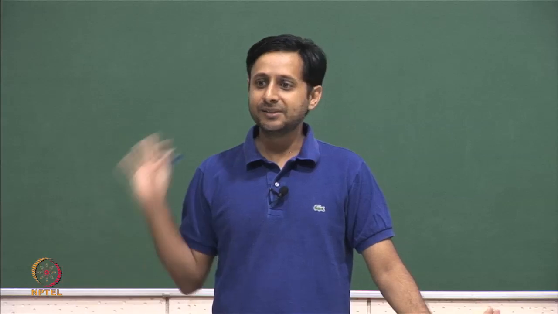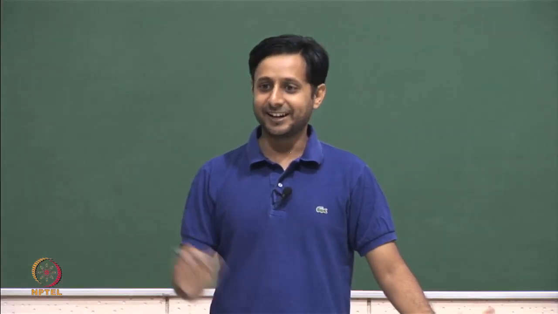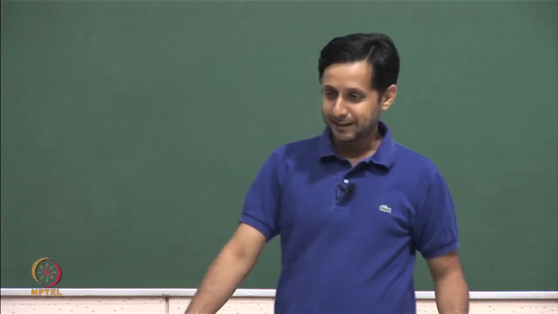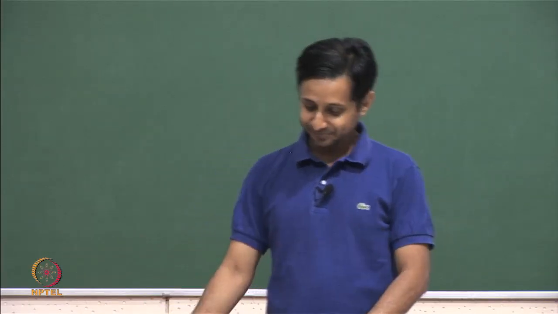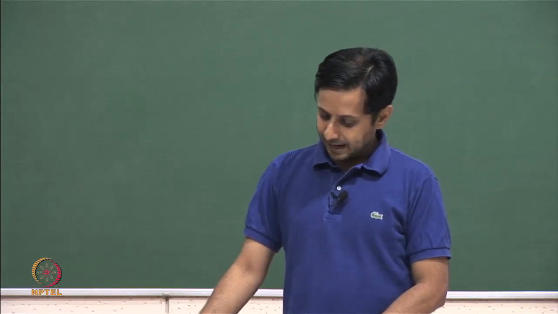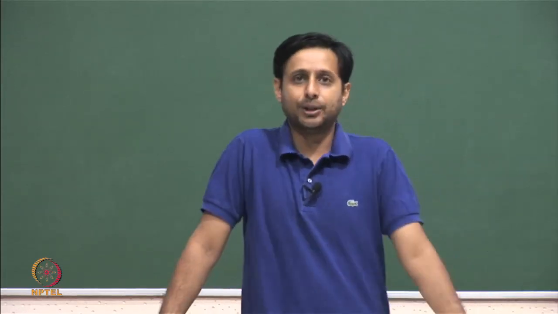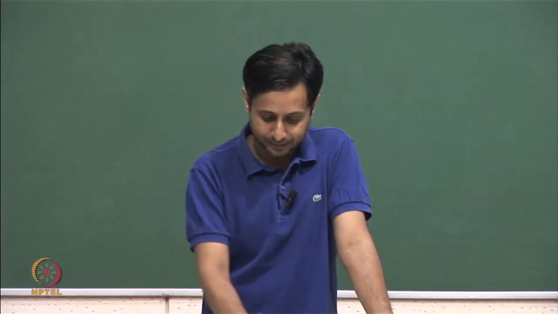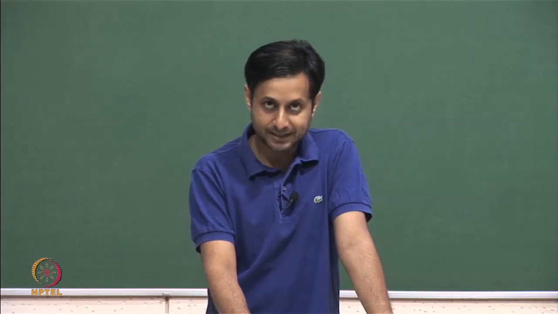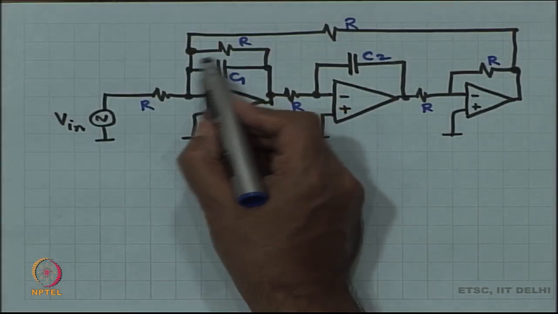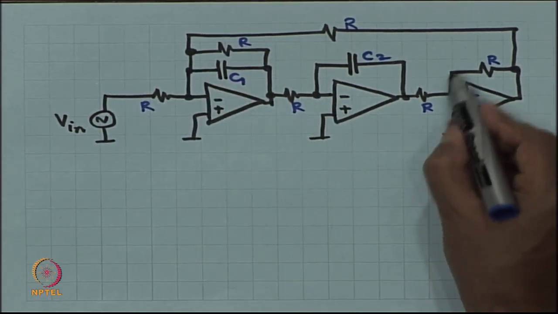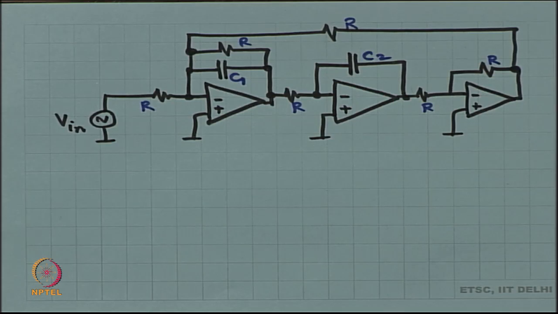Only reason why they are equal is so that my analysis is easy right now in front of you. Okay. A very bad reason, but that is what it is. Right. Now, we have already established that all the op amps have DC negative feedback. By the way, the first op amp also has DC negative feedback because you have got an R. The third op amp also obviously has DC negative feedback, you do not have to worry about it.